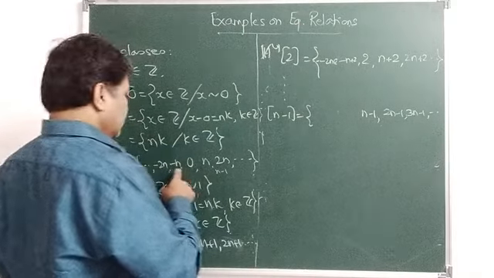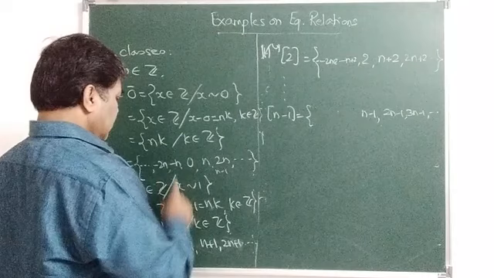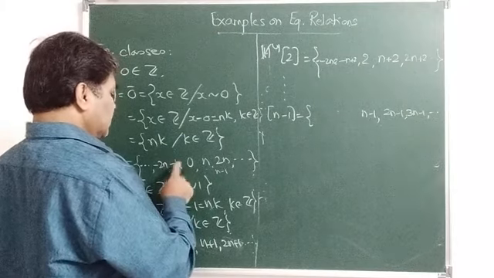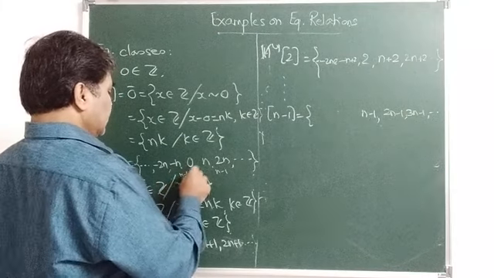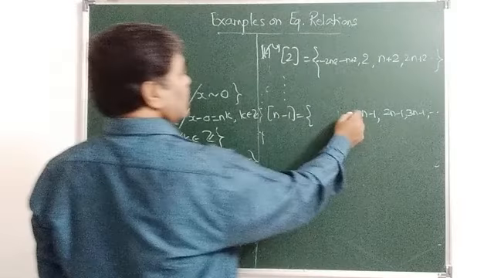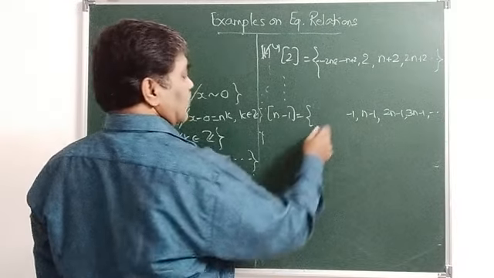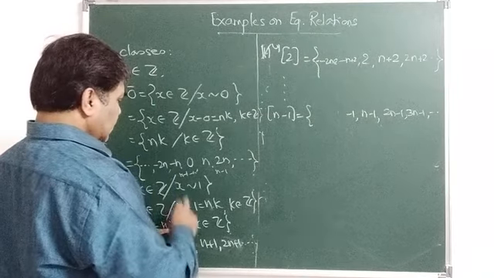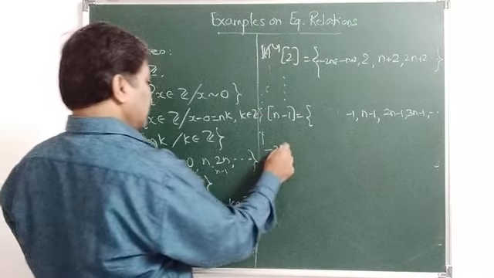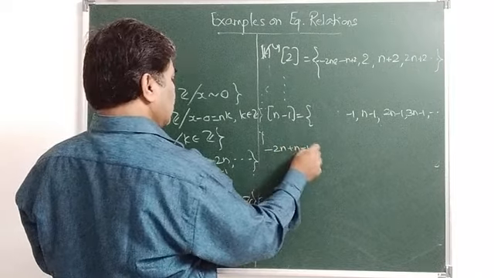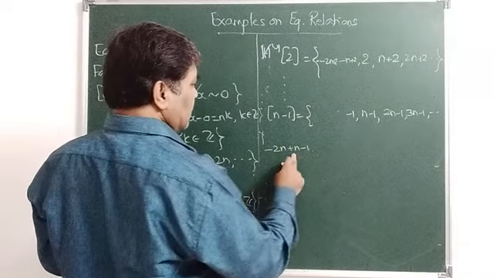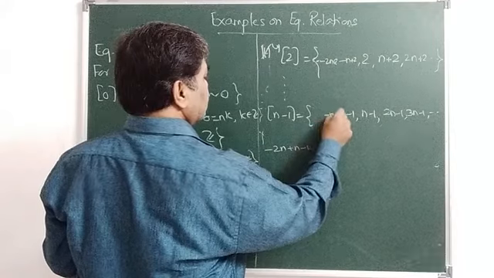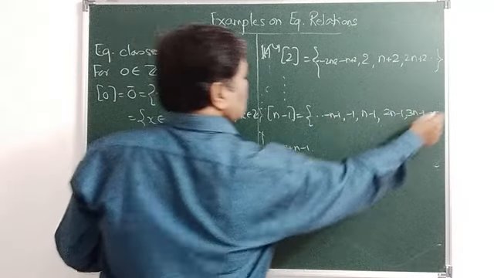On this side, n minus 1 minus n, so it is minus 1 here. Then the next element, minus 2n plus n minus 1, that is nothing but minus n minus 1. We will get this.